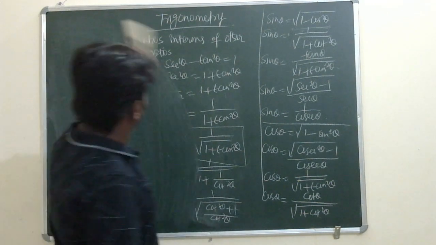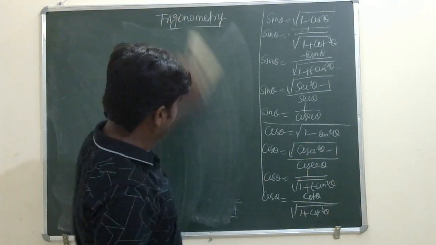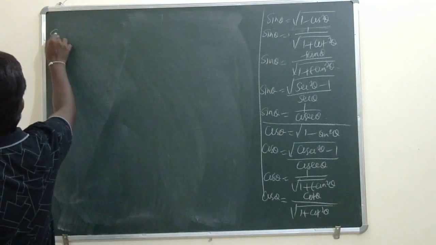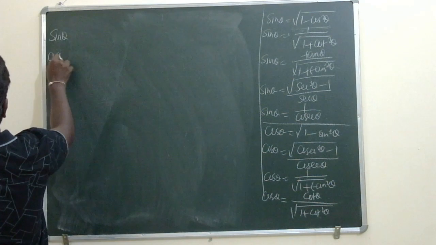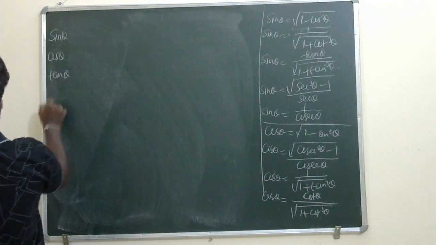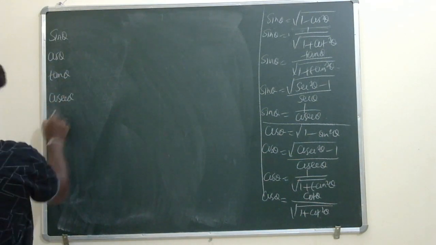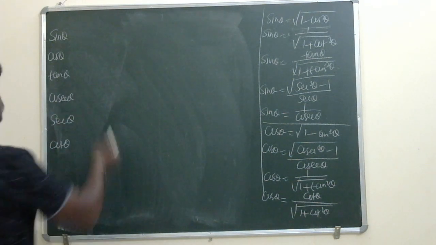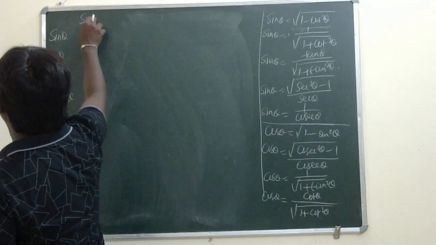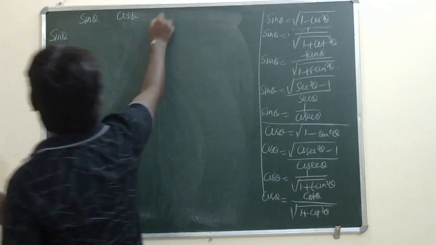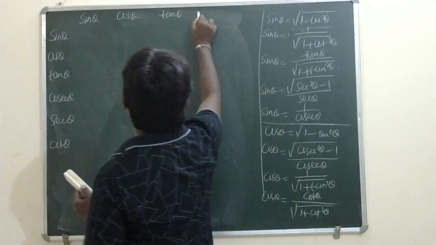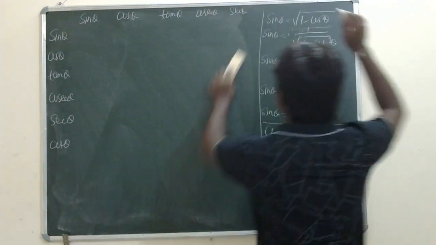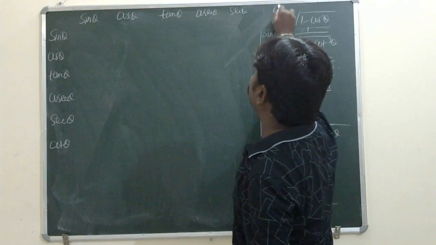Okay. So here I am taking sin theta, cos theta, tan theta, next cosecant theta, next secant theta, next cot theta. So now the expression of sin theta in terms of sin theta, next cos theta, next tan theta, cosecant, secant, next cot.